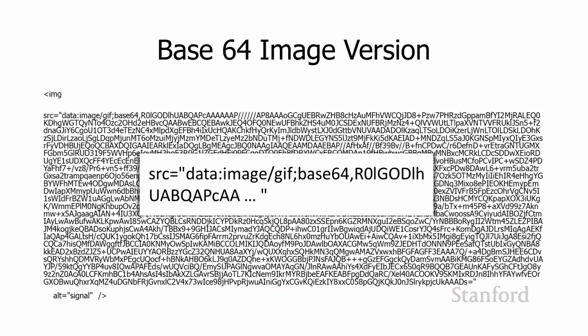But when the web browser gets to it, it's going to look at this and say, oh, I see that this is marked as src equals data image GIF base 64, and I'm going to reconvert this big long text string and treat it as a bunch of bits, which ultimately I'm going to treat as an image. This technique can definitely increase the speed at which your web pages will download. It is a bit more work. It's a little unwieldy to work with, but it's definitely out there and something that's generally supported now.